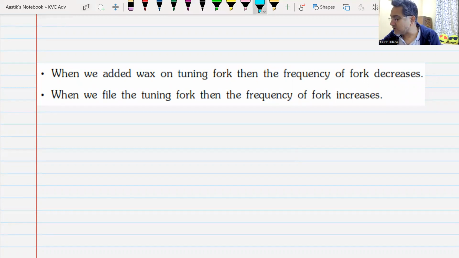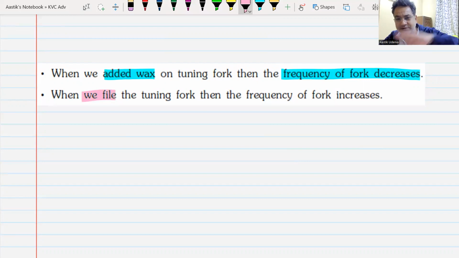When you add wax, the frequency of that tuning fork decreases. When you file it, you decrease the mass, and the frequency increases. So you must remember that loading a tuning fork decreases the frequency and filing the fork increases the frequency.